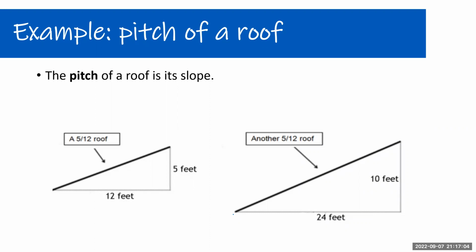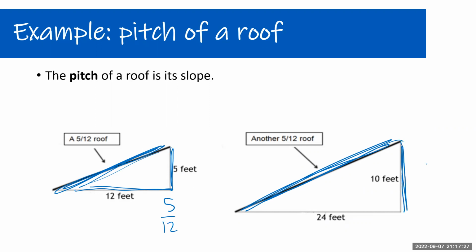So if we're talking about the slope of a roof, we're talking about this line right here, right? This is our roof. Here, this is a 5/12 roof, okay? Because we go up 5 feet for every time we go 12 feet across. So our slope is 5/12.